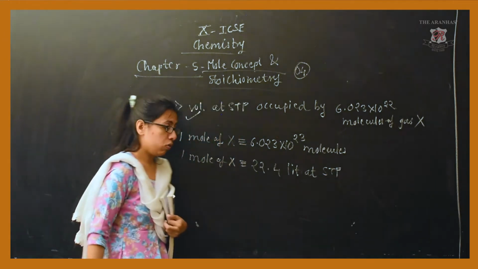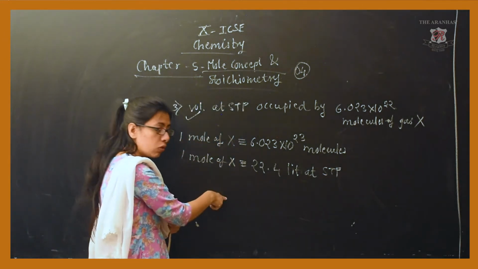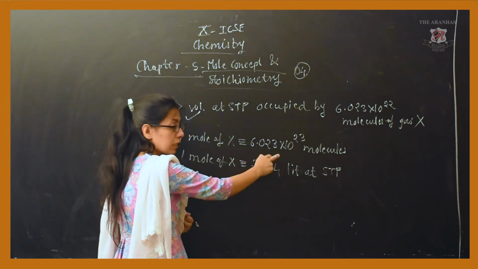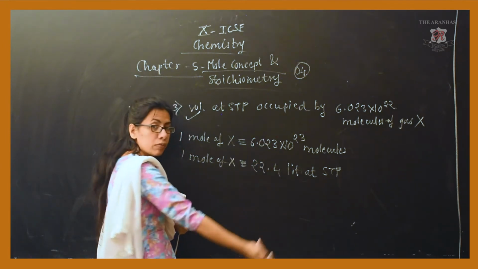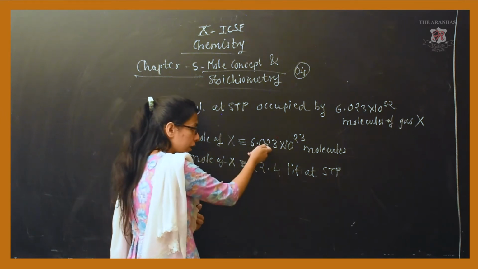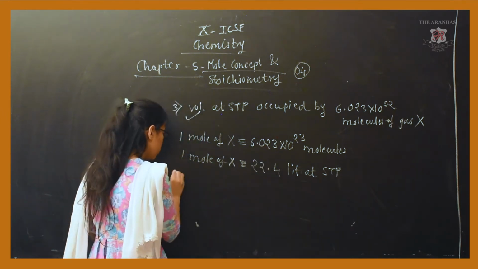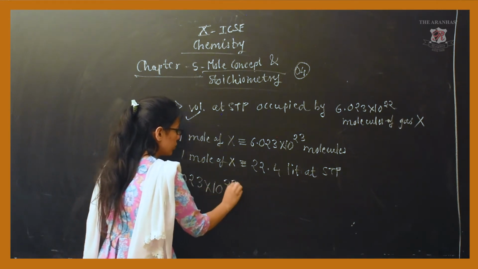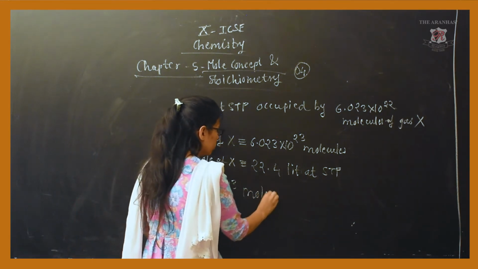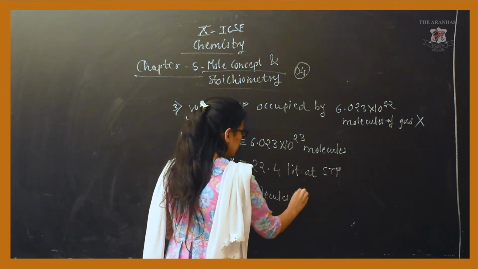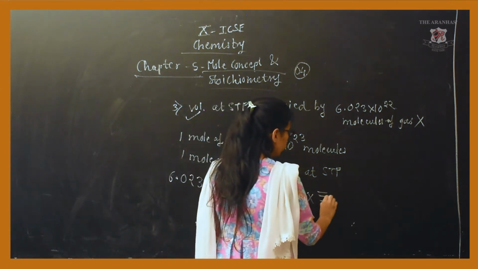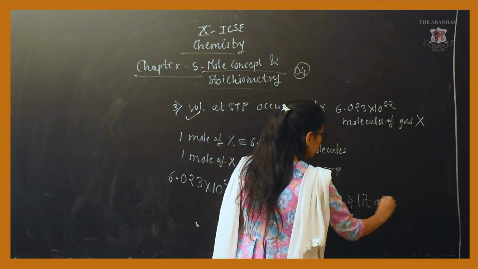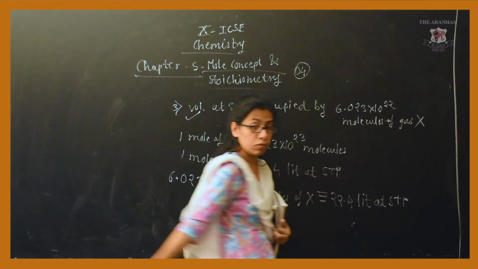Now we can relate these two. 1 mole is equal to this, and 1 mole is also equal to this, so I can equate the two sides. So 6.023 into 10 raised to 23 molecules of X is equivalent to 22.4 liters at STP.